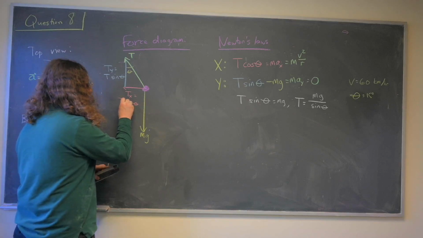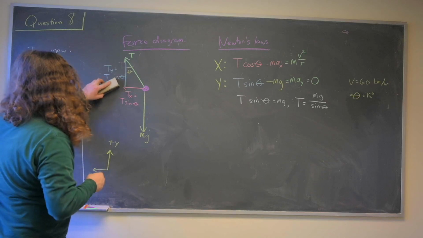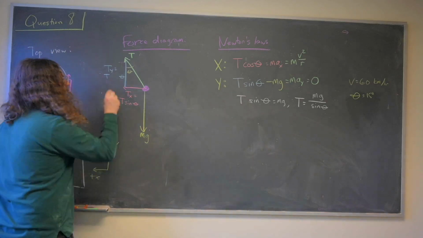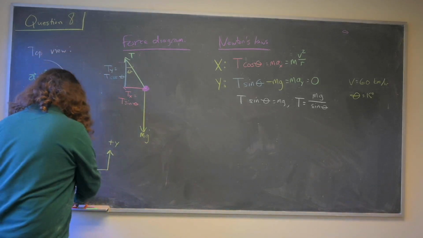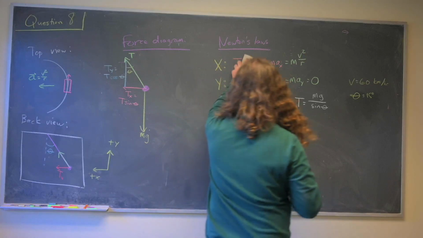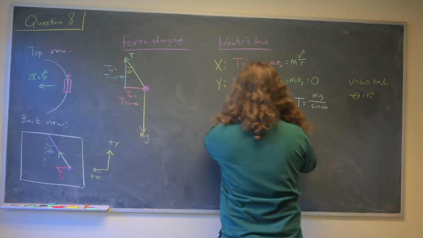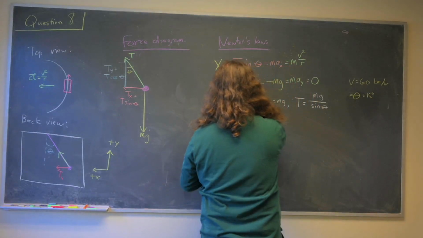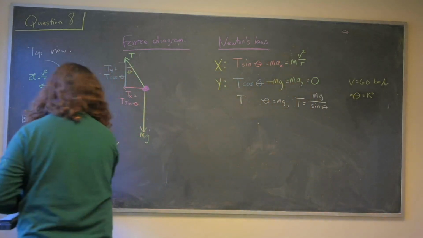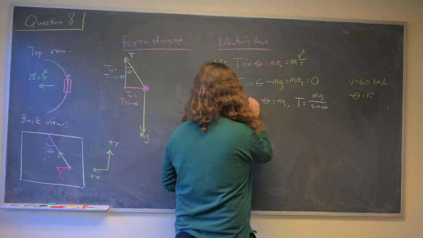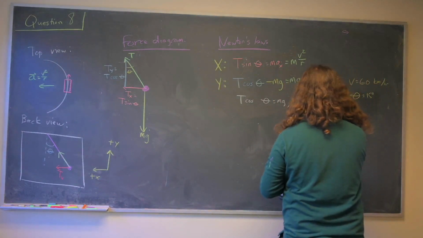X should be sine. I'm not going to re-record for this because I want to make sure I get you as many videos as I can today. So I'm just going to switch all of my trigonometry around. X should be sine, y should be cosine, this is cosine, this is cosine.